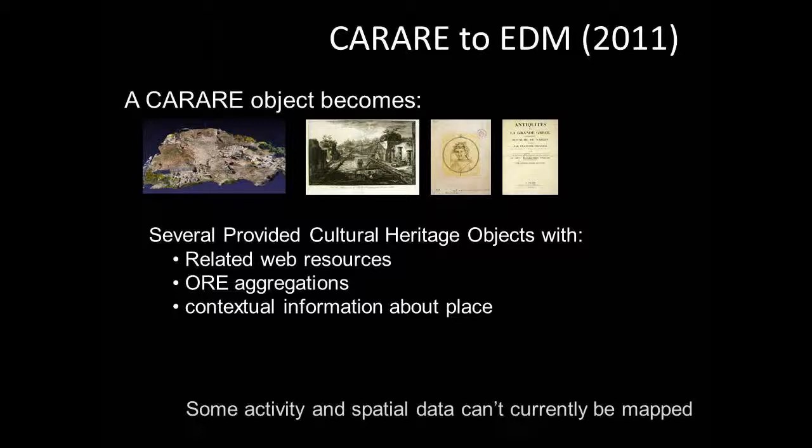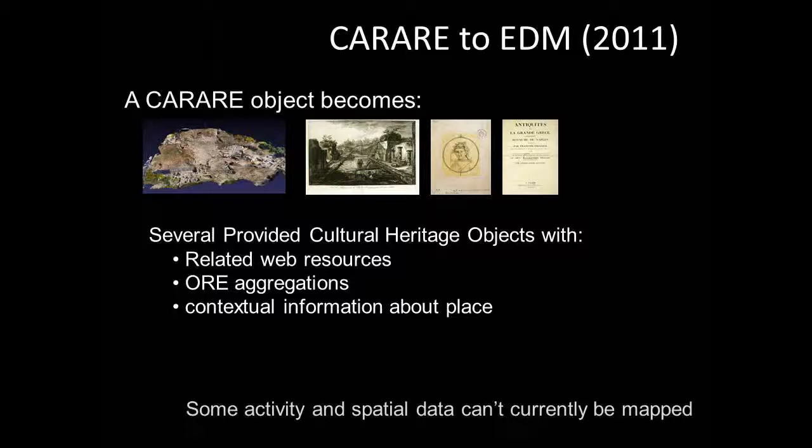So following that XML schema that's now available, we've completed another, simplified mapping from a CARARE object to a series of EDM provided cultural heritage objects. Each provided cultural heritage object will have related web resources, related aggregations, and relationships to contextual information about place.